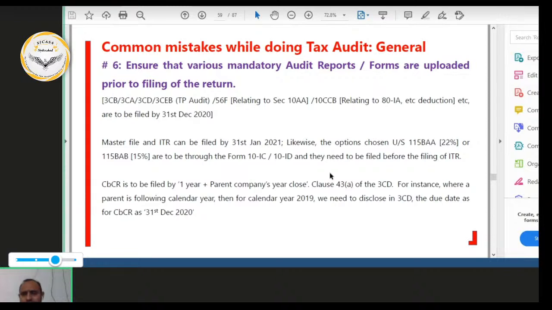For example, if your client is getting foreign tax credit, then Form 67 is to be filed. Without Form 67, they deny the foreign tax credit benefit. That is the reason you have to be careful here. Okay.